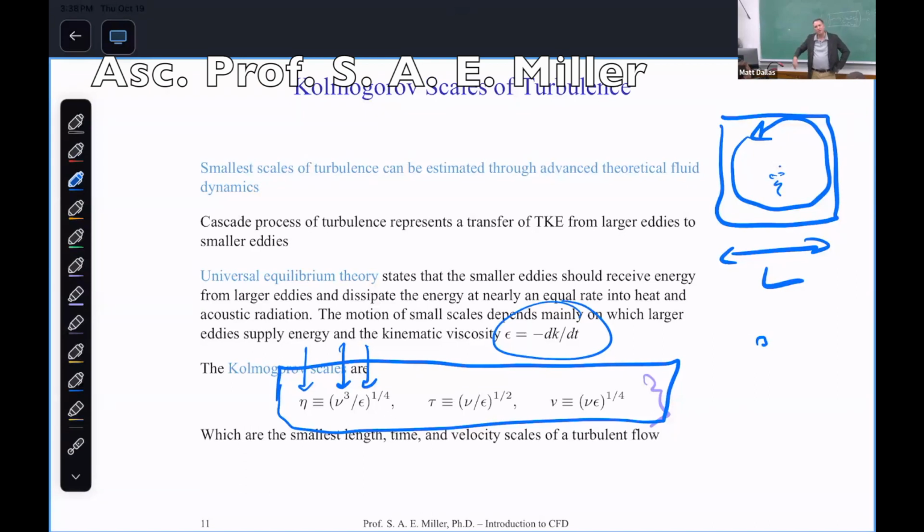If I'm away from a hurricane, I still have scales which might be multiple kilometers. So my biggest eddy, my biggest rotating structure in the atmosphere, is a few kilometers. Just using his simple theory, the smallest scale will be like the thickness of my hair. So the scales of turbulence might range from 10 to the negative 4th or 5th meters all the way up to kilometers.